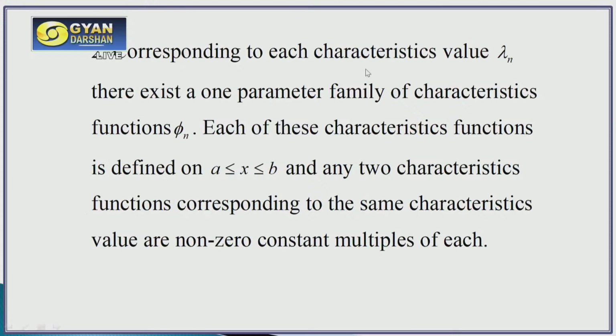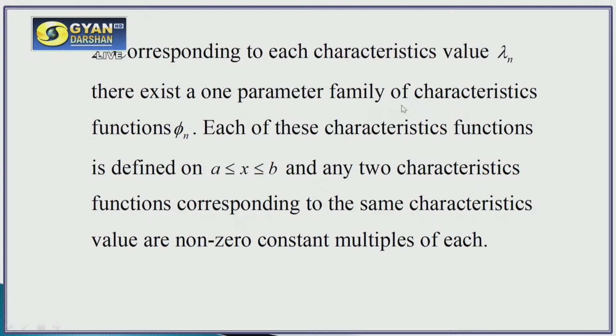Corresponding to each characteristic value lambda n, there exists a one-parameter family of characteristic functions. That also we have seen in the last example, where our phi n was Cn sin nx. Each of these characteristic functions is defined on this interval, and any two characteristic functions corresponding to the same characteristic value are non-zero constant multiples of each other.